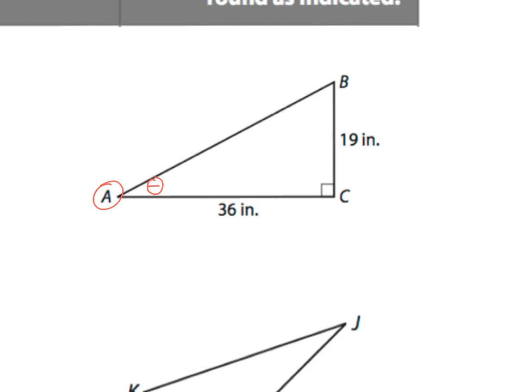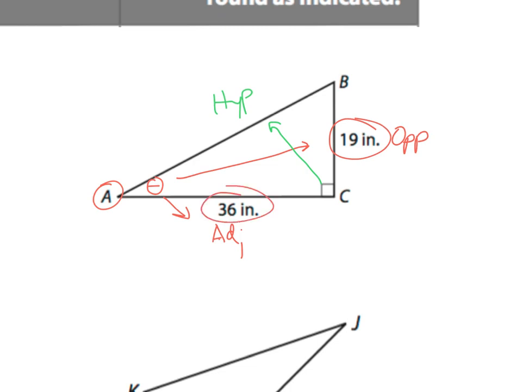So if we look at our triangle, here's theta, and we're going to look at the two sides that we have. Well, which two sides are those if we're going to label this opposite, adjacent, and hypotenuse? Across from theta is the opposite side. Across from the 90 degrees is our hypotenuse. And right next to the theta is adjacent. So in this case, we have opposite and adjacent.